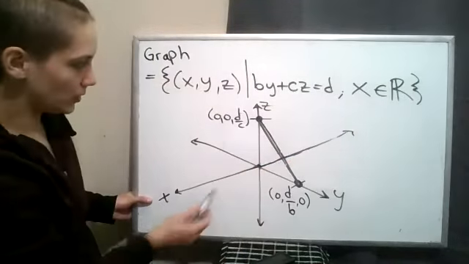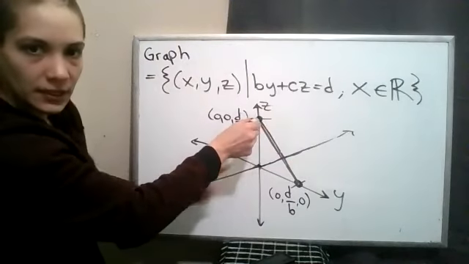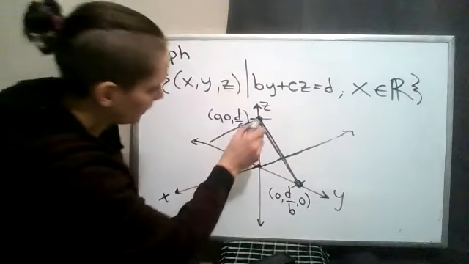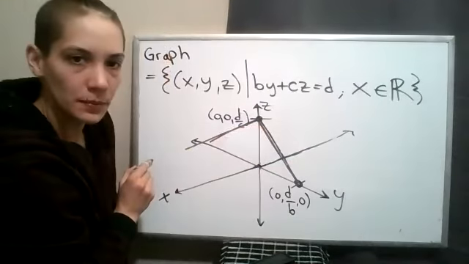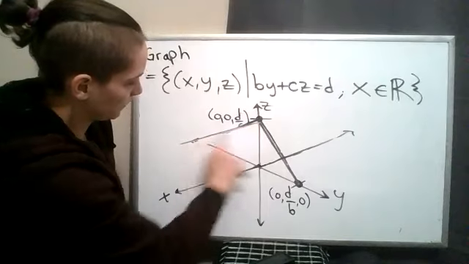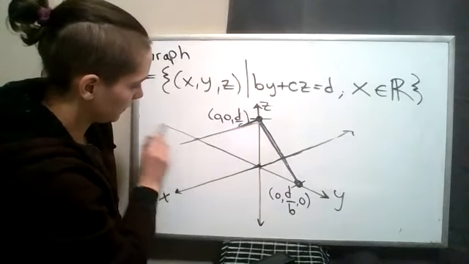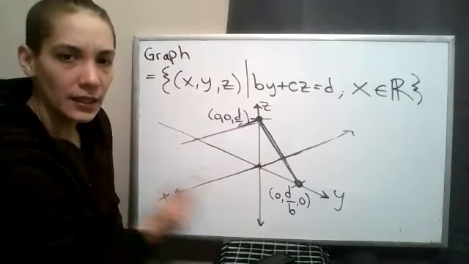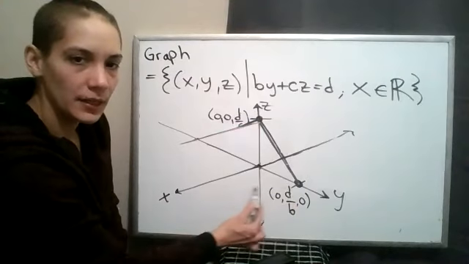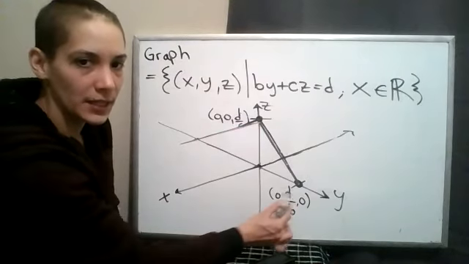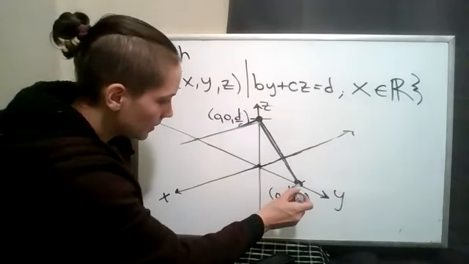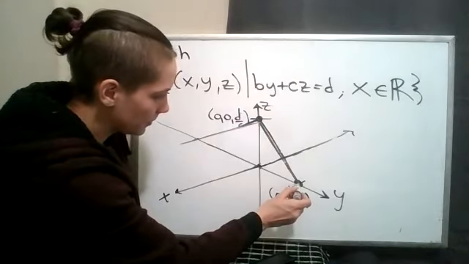Okay, so we want to start here, go parallel to the x-axis this way. A little more. Okay, looks okay. Let's use our other intercept and take that one with a line parallel to the x-axis. So we're letting x be any number. y is stuck at d/b, and z is 0.